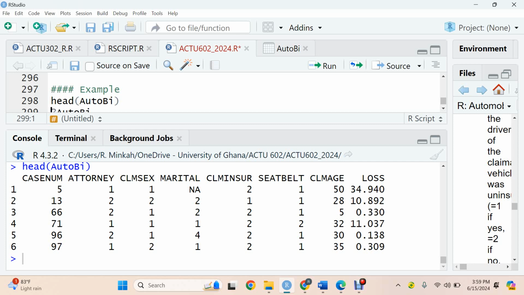Okay, the bar chart. So which one will be your response variable? So the seat belt will be X. The loss will be the Y. Is that how you do a bar chart? The seat belt is categorical. Good. But what about your bar chart?